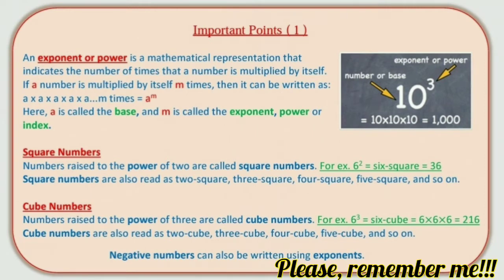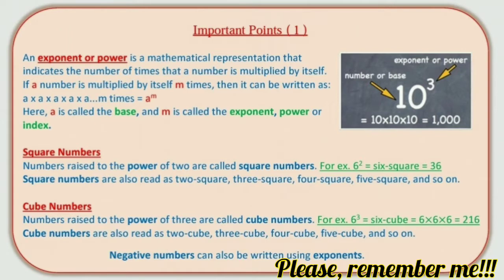Numbers raised to the power of 2 are called square numbers. For example, 6 square is equal to 36. Square numbers are also read as 2 square, 3 square, 4 square, 5 square and so on. Now cube numbers. Numbers raised to the power of 3 are called cube numbers.